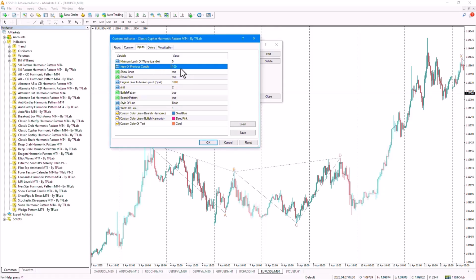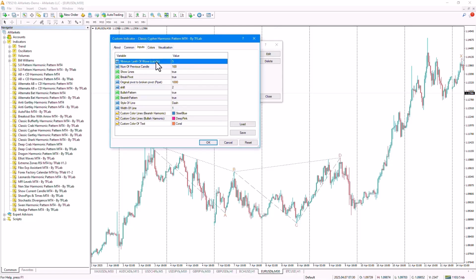In MetaTrader 4, it is a candle that examines 100 candles, and if the Fibonacci ratio is among these 100 candles, it considers the points D to C, C to B, B to A, and A to X. However, in MetaTrader 5, it is in the form of pivots, meaning it examines the pivots. By default, in MetaTrader 5, the number 10 is set, which examines 10 pivots, and if the Fibonacci ratio is among these 10 pivots, it draws the pattern.